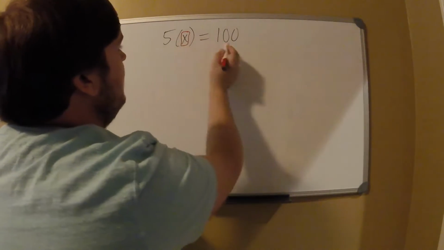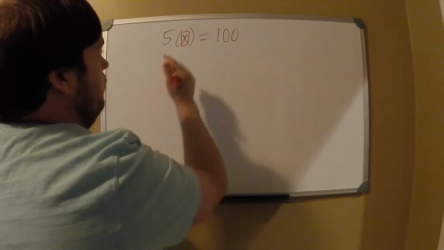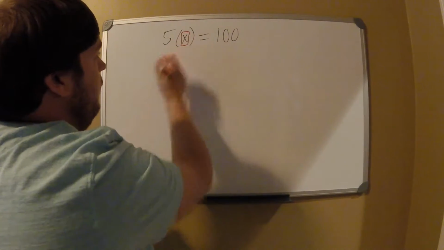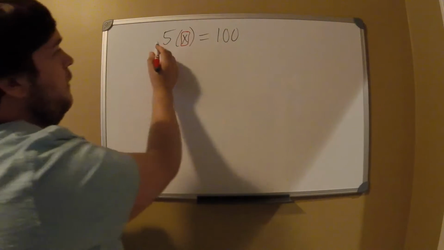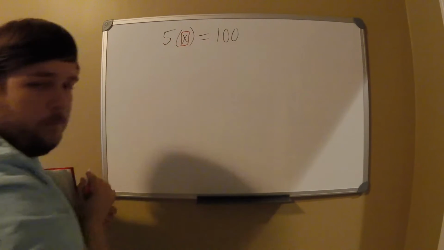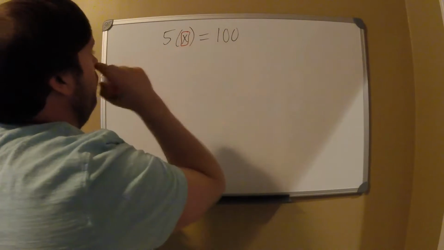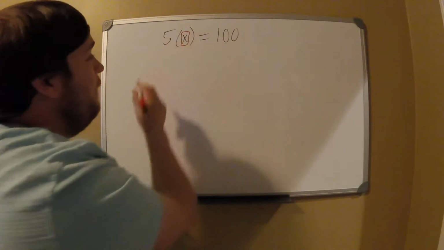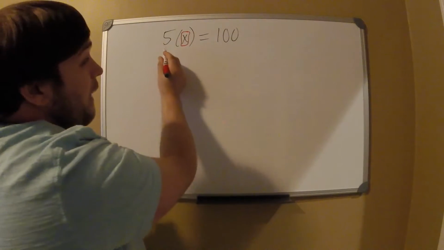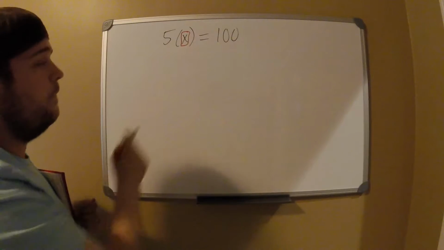So to keep these equal, we're going to try to get rid of the 5 over here. So what can we do on this side of the problem to get rid of this 5? Well, can we add a 5, subtract a 5, multiply a 5, or divide by a 5 to get rid of 5?